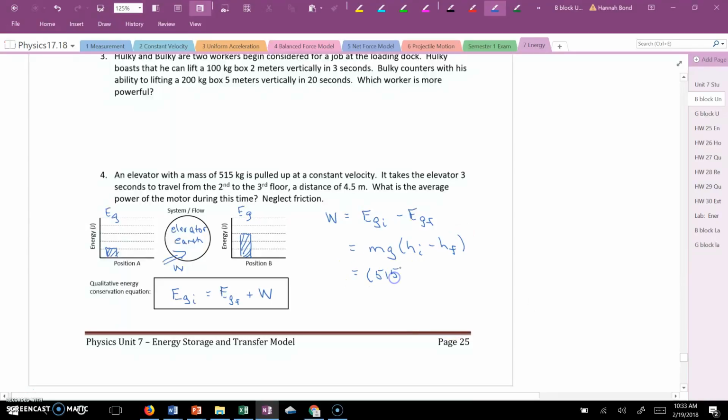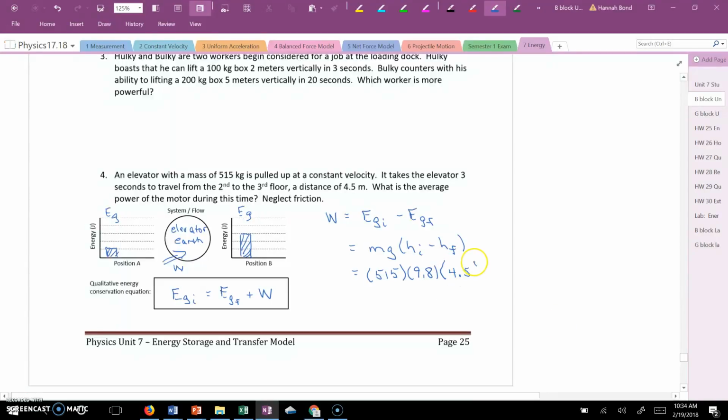They gave me the mass as 515 kilograms. And the delta H in this case is 4.5 meters.